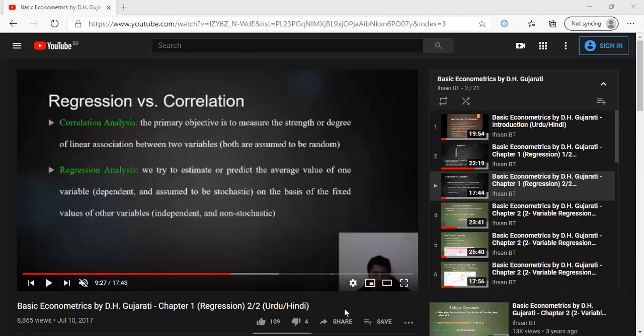Linear relationship between two variables. It means either a positive relationship or a negative relationship. Yeah. So how do you write a linear relationship in an equation?